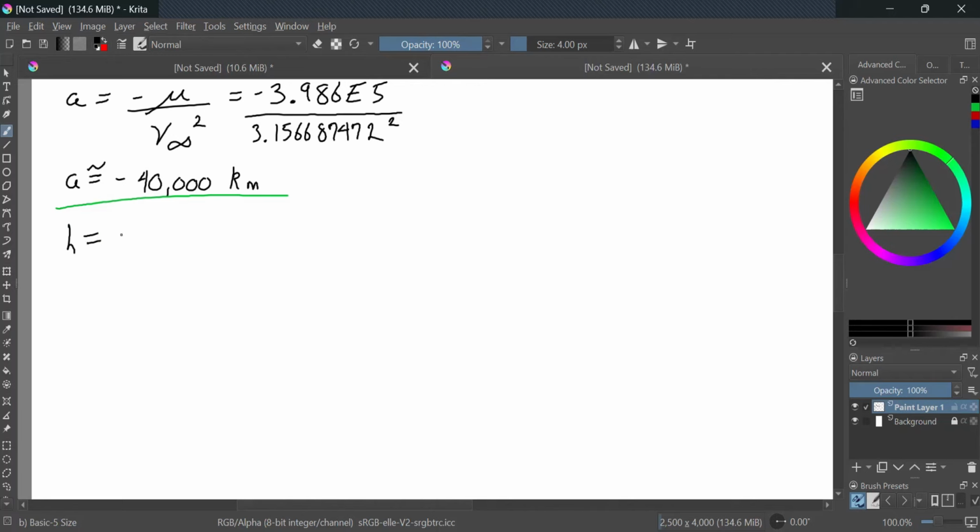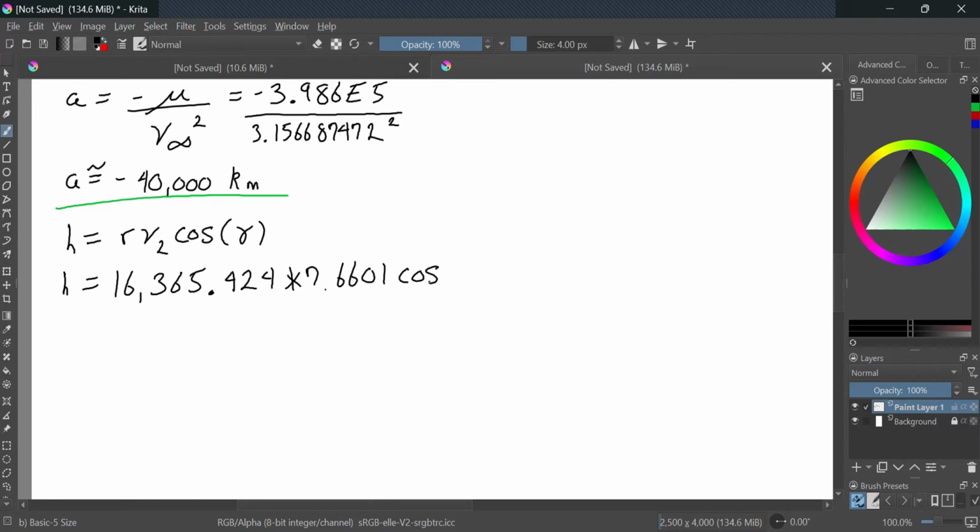So with our V, not gamma, V2, cosine of gamma, we plug that in as 16,365.424 times 7.6601 times the cosine of 48.0768. I'll go ahead and include the degrees. Why not?